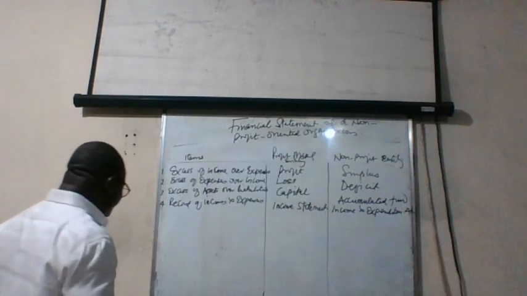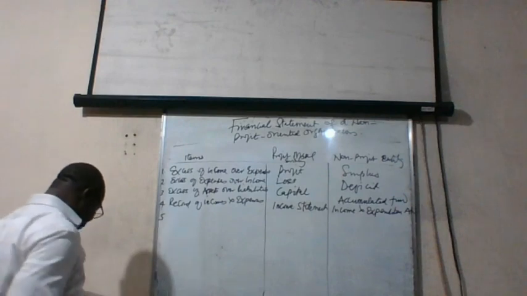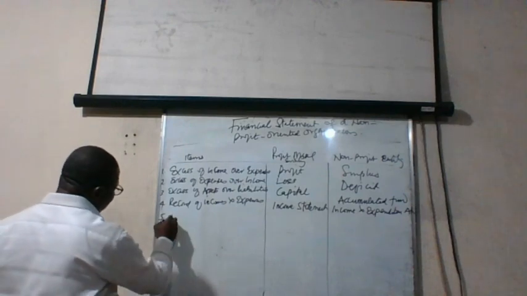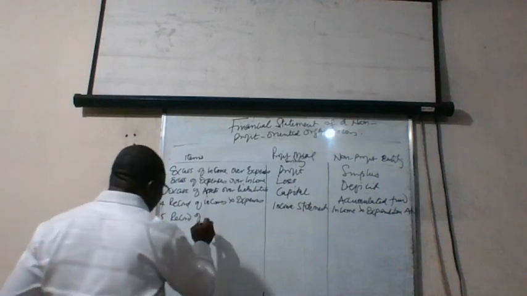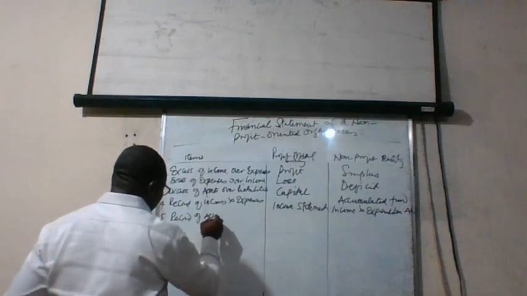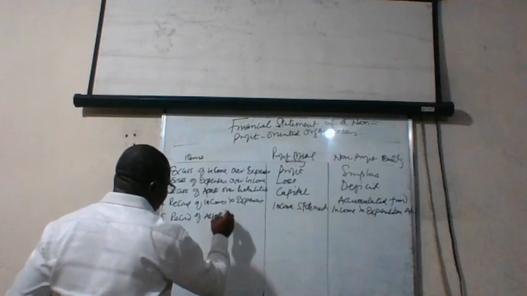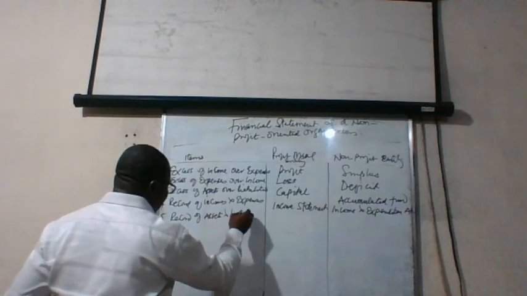Now number five will be records of assets and liabilities.